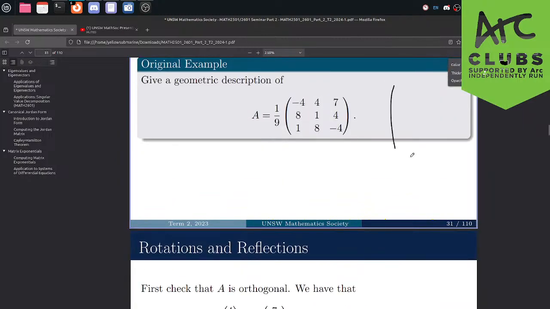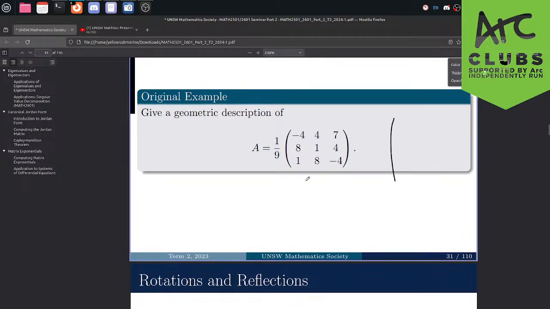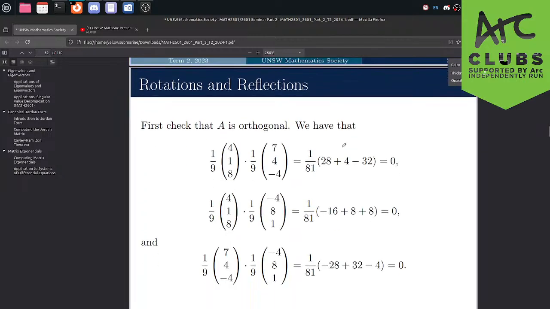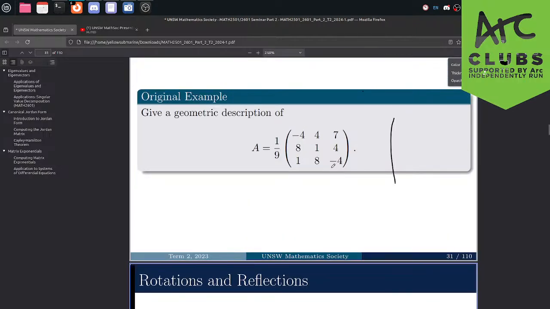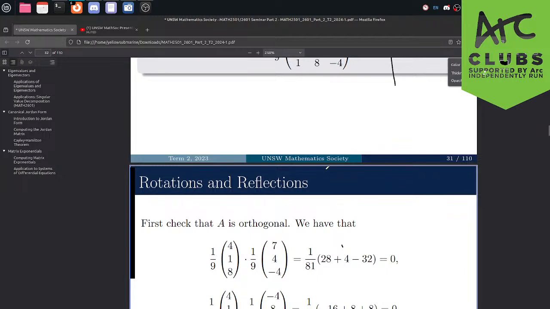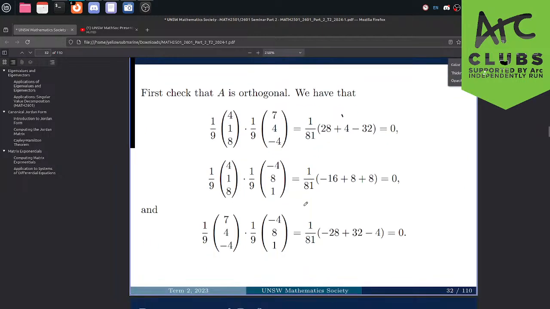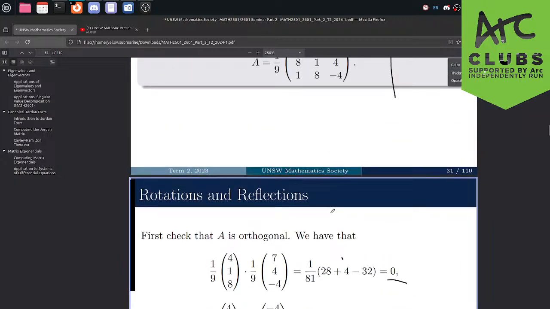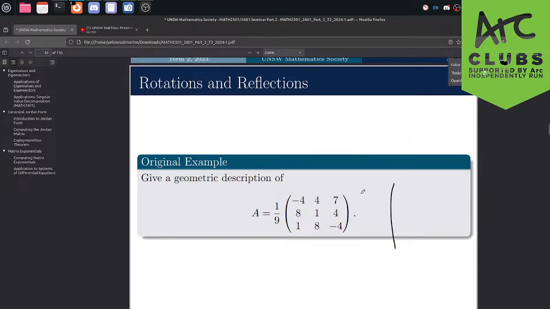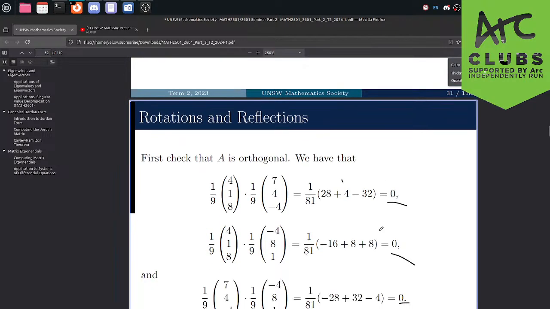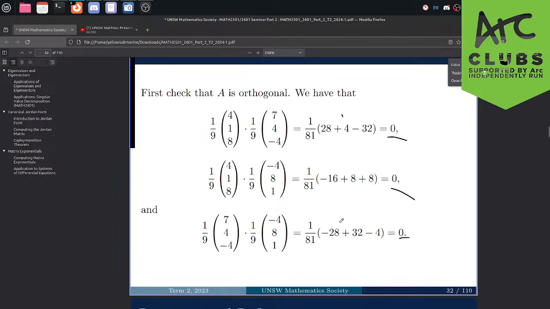So this question here wants us to give a geometric description of this matrix. First, we want to check it's orthogonal. That's what it's hinting us towards, but if we do that, we notice the dot products of column vectors are 0. You can also, if you want, try and transpose it and then multiply it with itself, but that's not necessary. This calculation suffices.